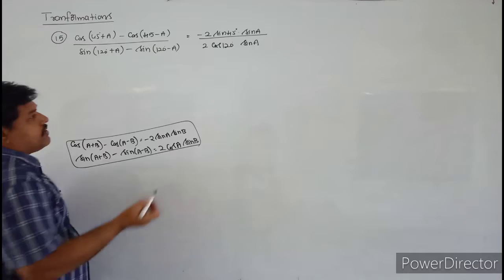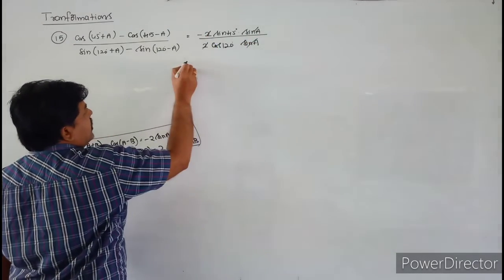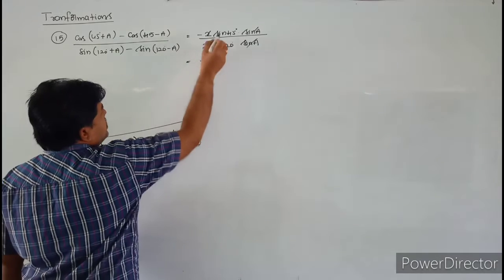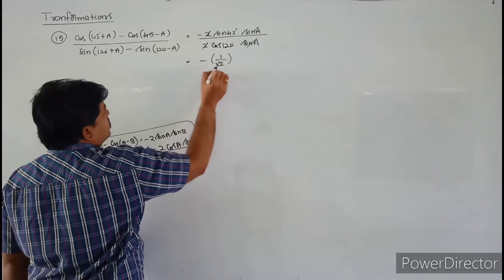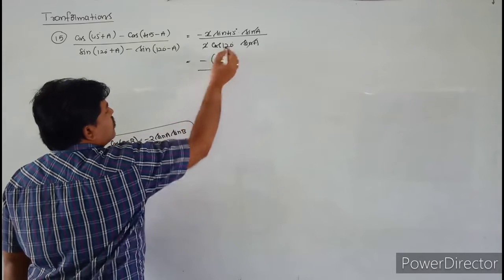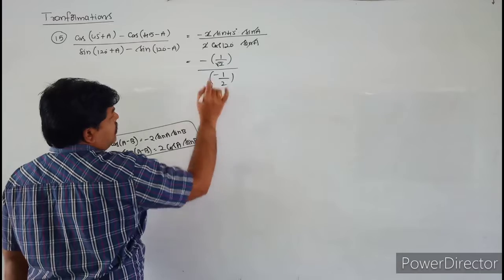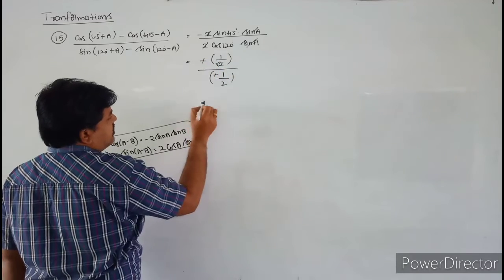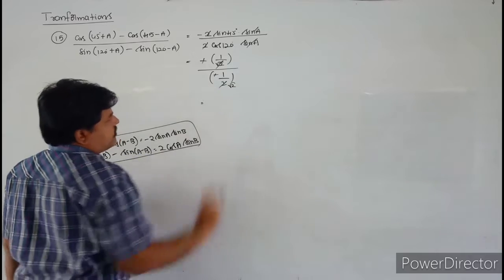So what happens, students? Sin a will be cancelled, 2 will be cancelled. You will get minus sin 45, which is 1 by root 2, divided by cos 120. Cos 120 is minus 1 by 2. So this minus and minus will be cancelled, and the root 2 cancels.